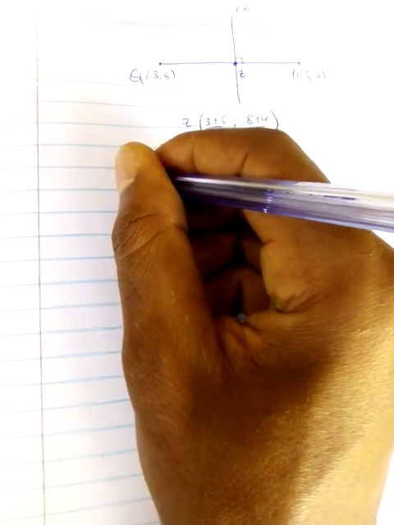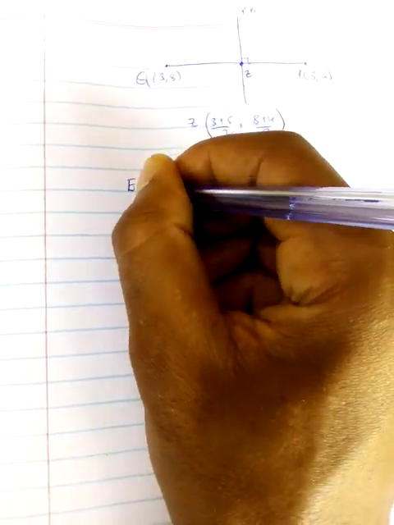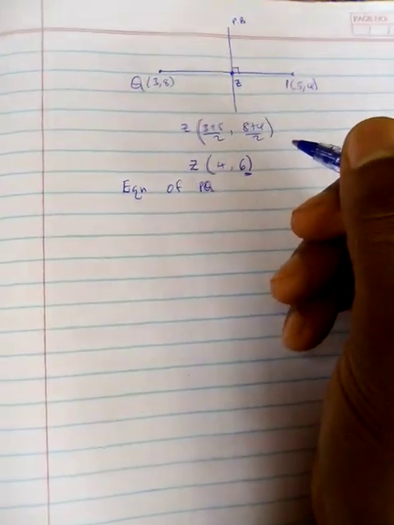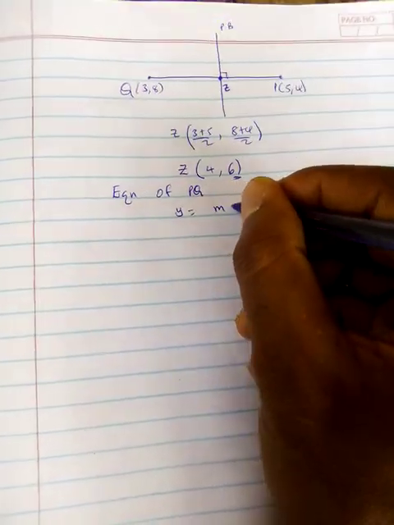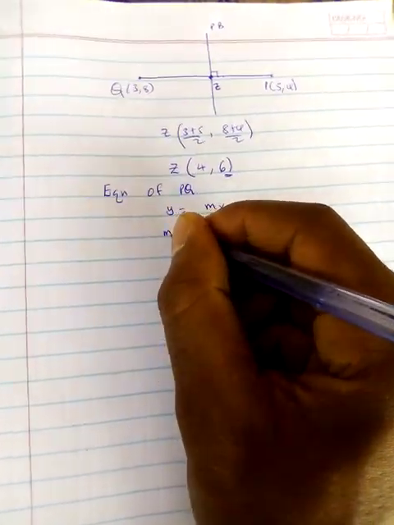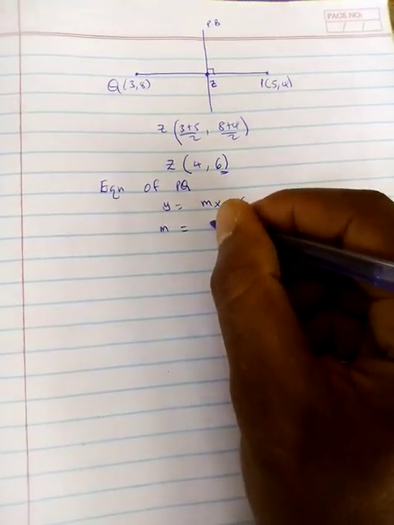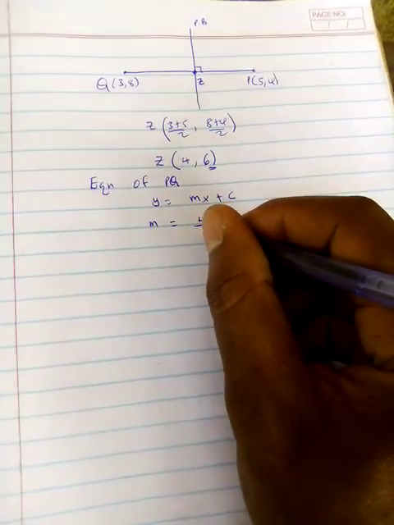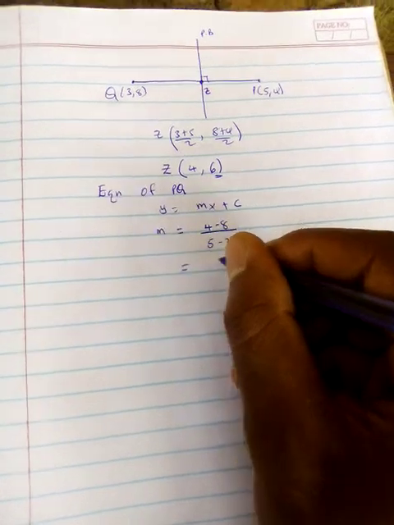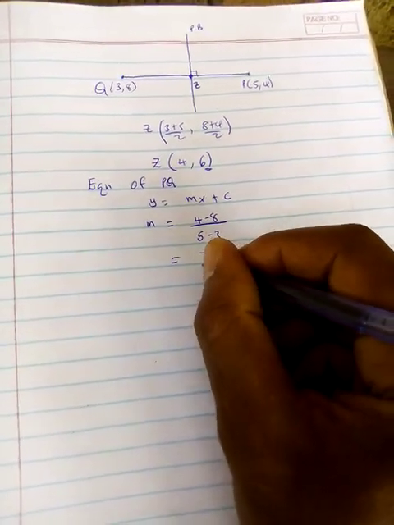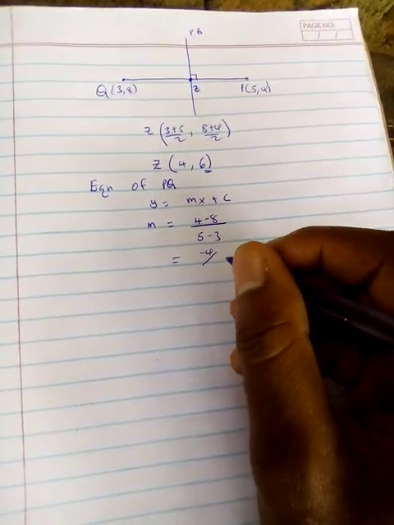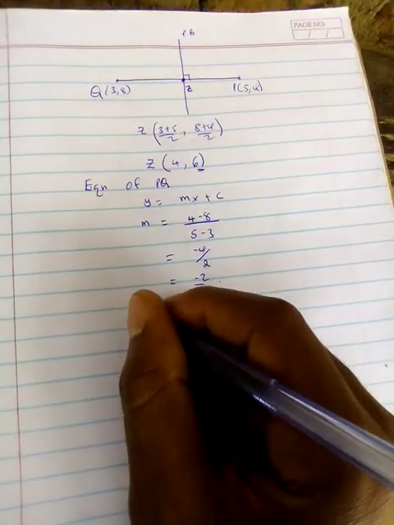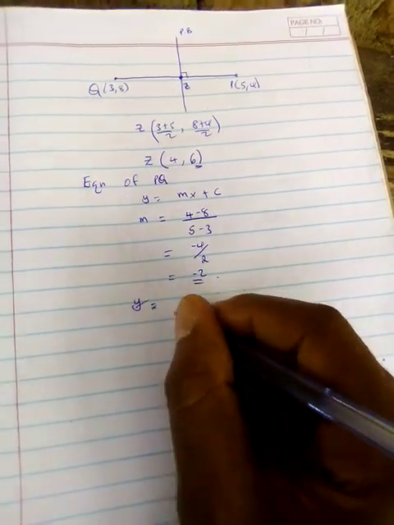First, for the equation of the line PQ, from y equals mx plus c, my m equals change in y, so 4 minus 8, divided by change in x, which is 5 minus 3, so this is -4 divided by 2, which is equal to -2.